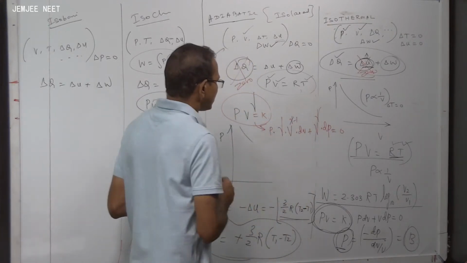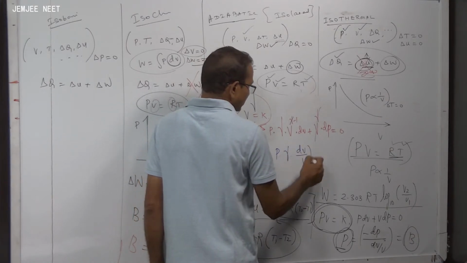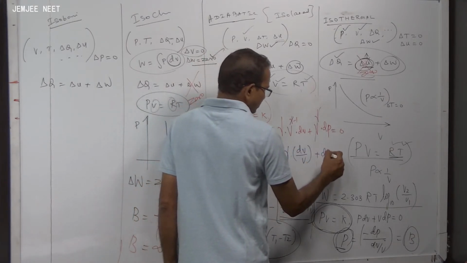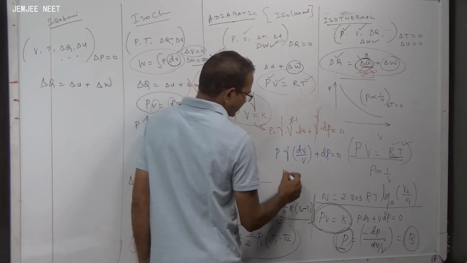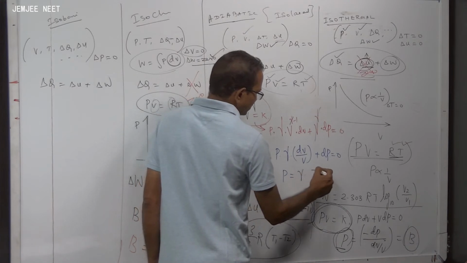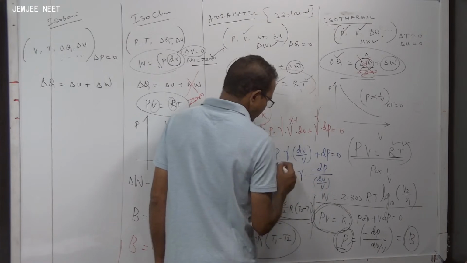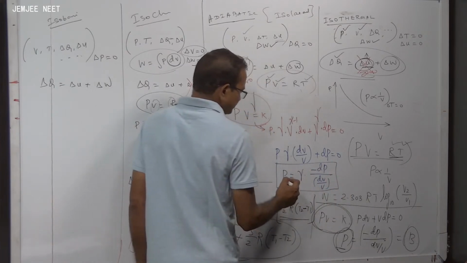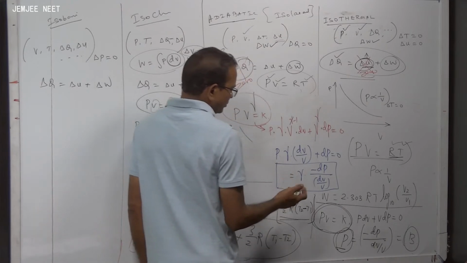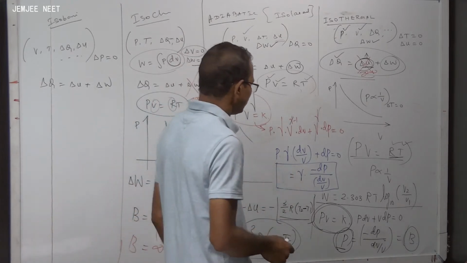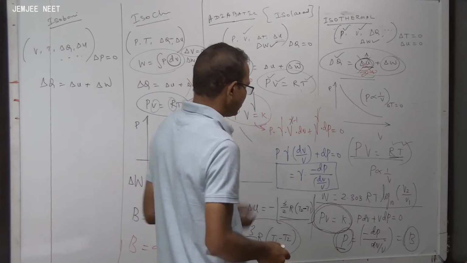So what you are left with now? P gamma dV by V plus dP equal to 0. Therefore, P times gamma is equal to minus dP divided by dV by V. This is your bulk modulus. Is it right? Please check it. Yes, perfect.